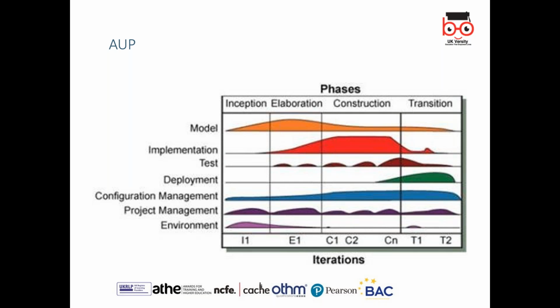The biggest difference between a traditional and a unified process is simply that traditional will cover each step by step, while a unified process will cover all of them at the same time.